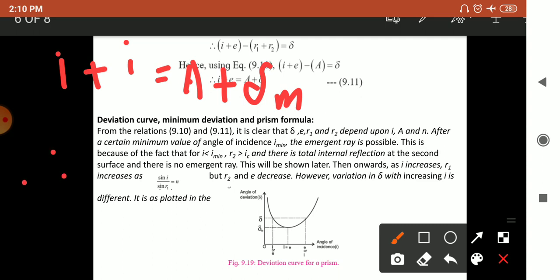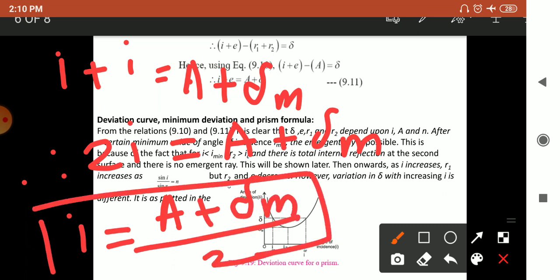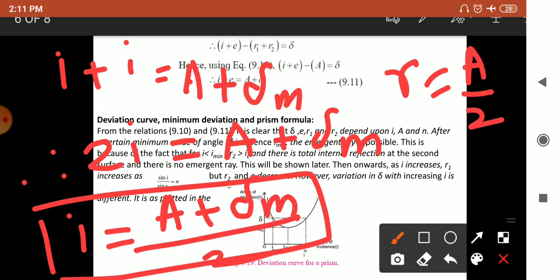So therefore it becomes 2I equal to A plus delta m. So I is equal to what? A plus delta m upon 2. So this is for the angle of incidence, and for the angle of refraction we are getting A by 2.